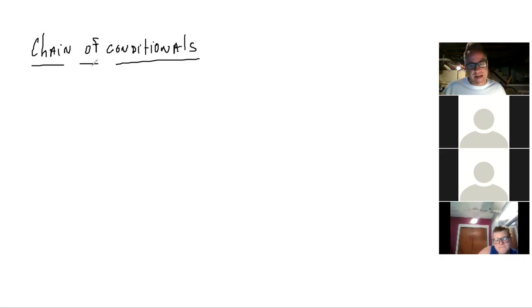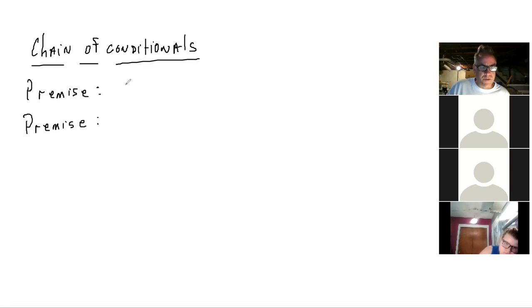You get a chain linking up 3 or more conditionals. So you could have a minimum of 2 premises. So it does something like this.